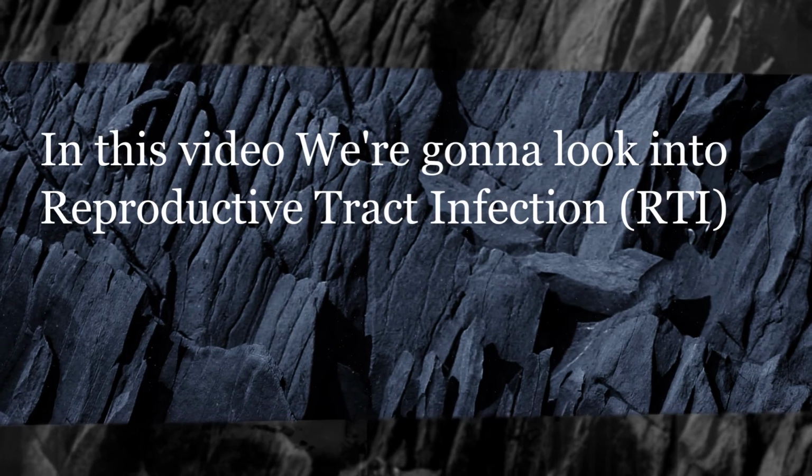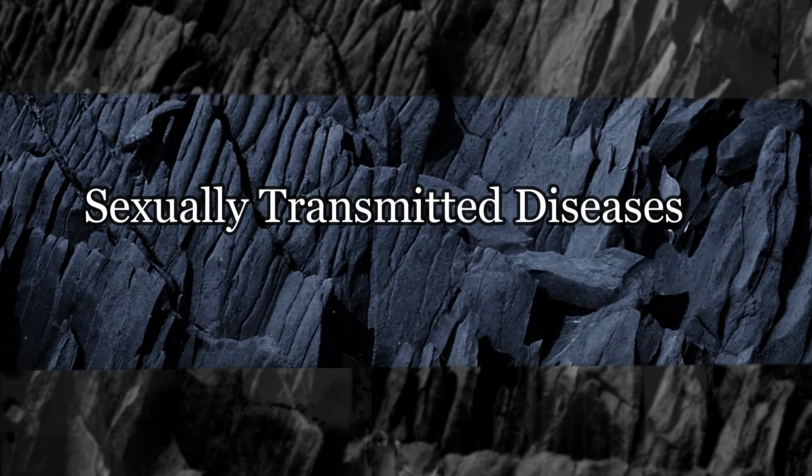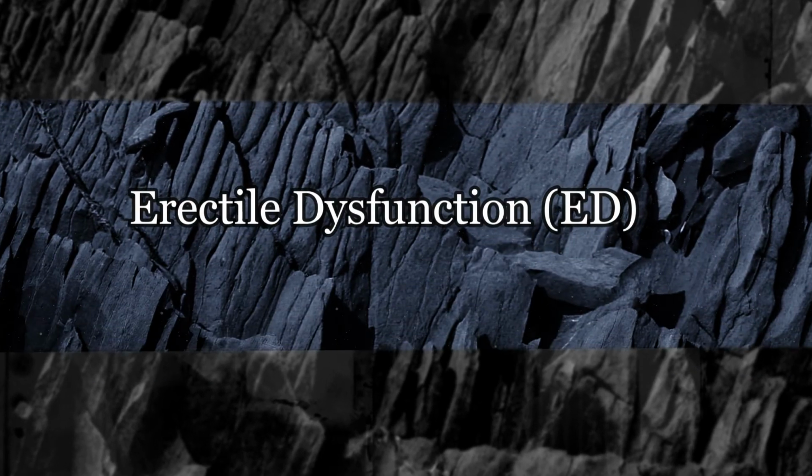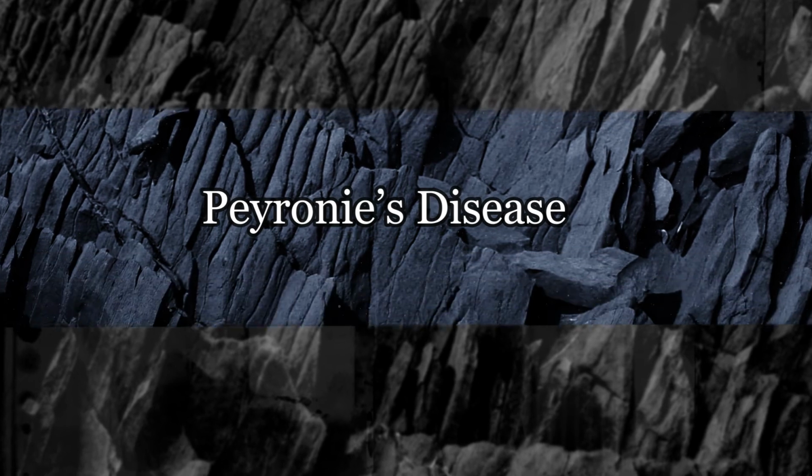In this video, I'm going to talk about reproductive tract infection, congenital abnormalities, sexually transmitted diseases, erectile dysfunction, polycystic ovary syndrome, cancers, endometriosis, uterine fibroids, testicular torsion, varicocele, Peyronie disease, priapism, and cryptic pregnancy.